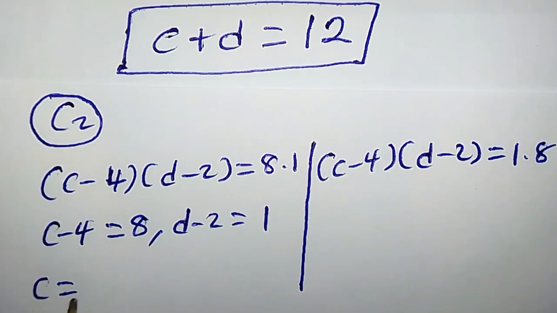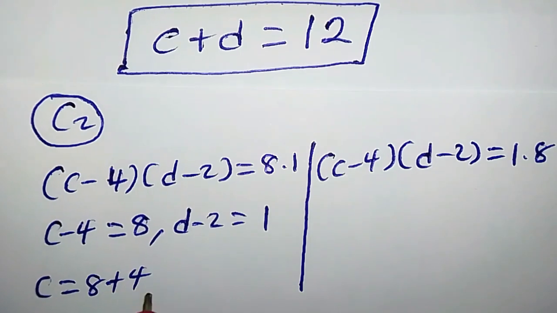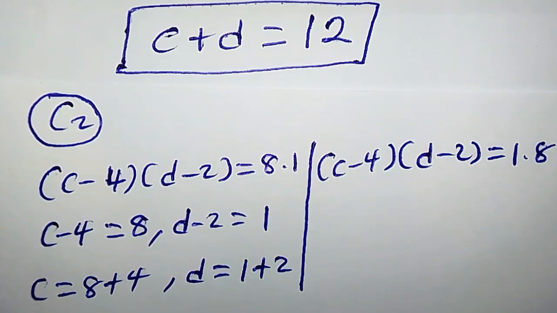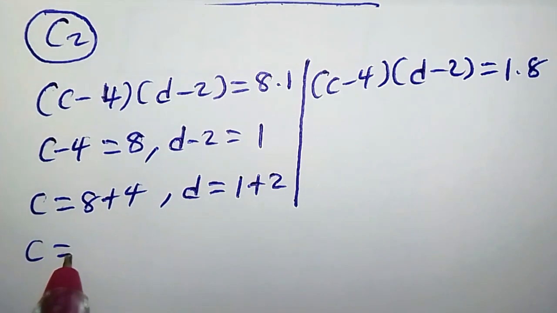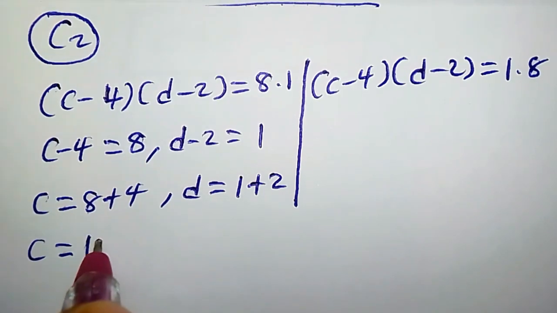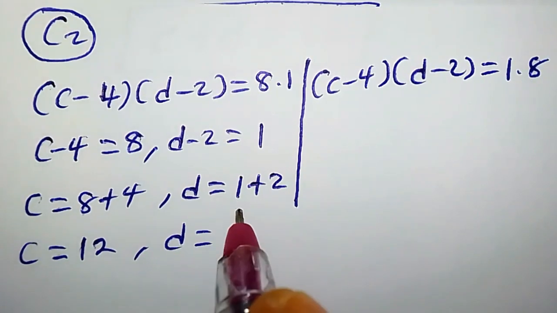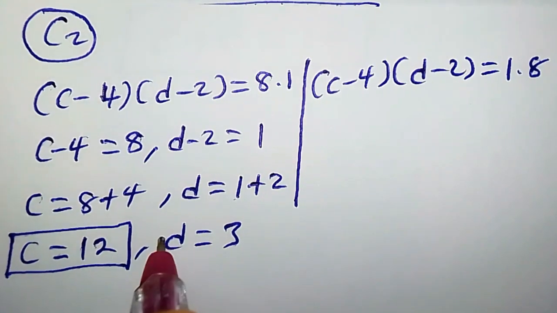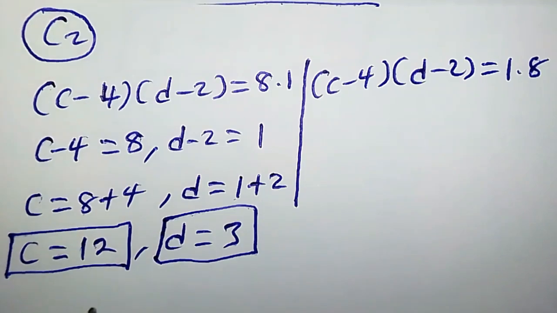So C equal to 8 plus 4, D equal to 1 plus 2. Clearly, C equal to 8 plus 4, that is 12, and D equal to 1 plus 2, that is 3. C is equal to 12, and D is equal to 3.